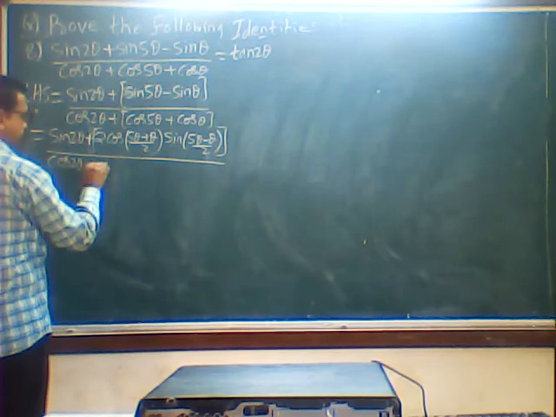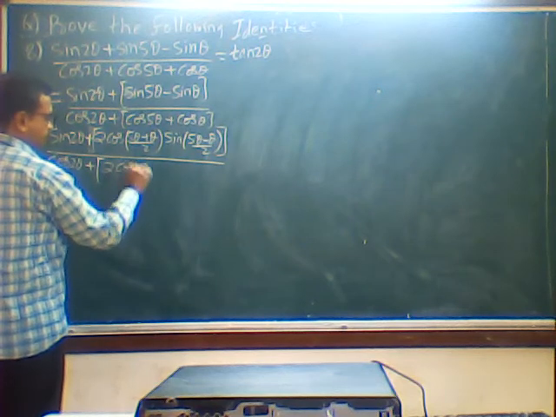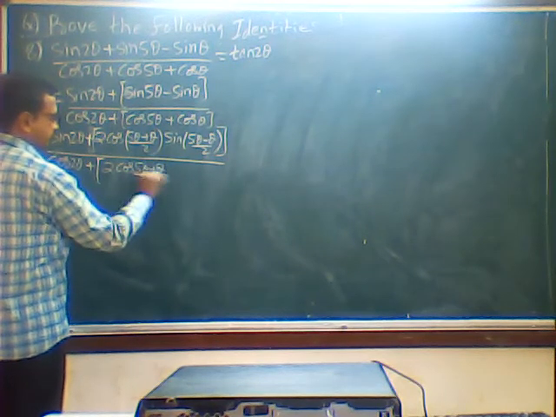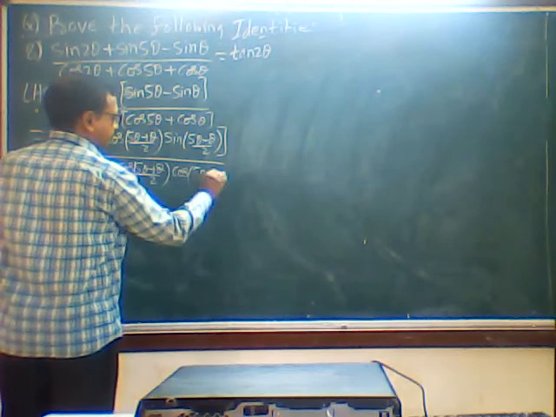Next, cos 2 theta plus. Now both are cos, so both cos will come: 2 cos of (phi plus theta) by 2, cos of (phi minus theta) by 2.